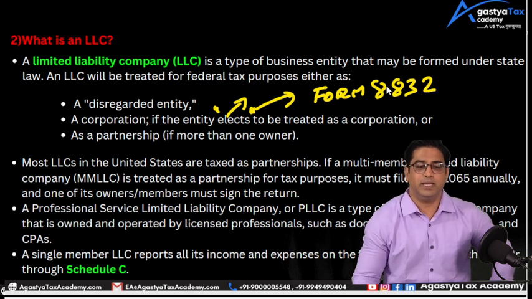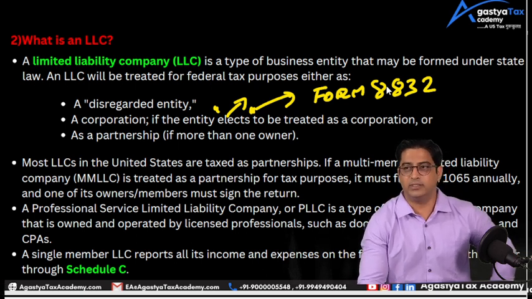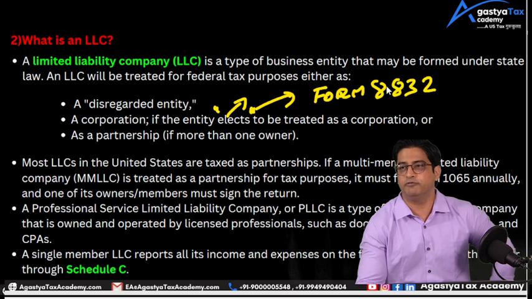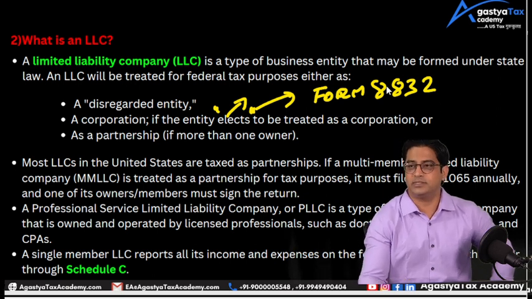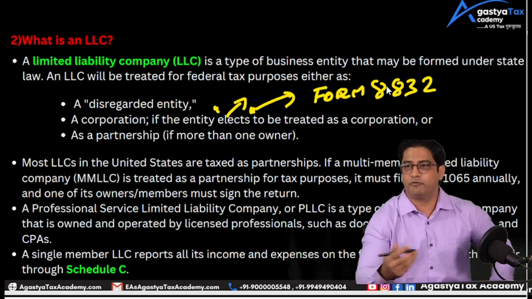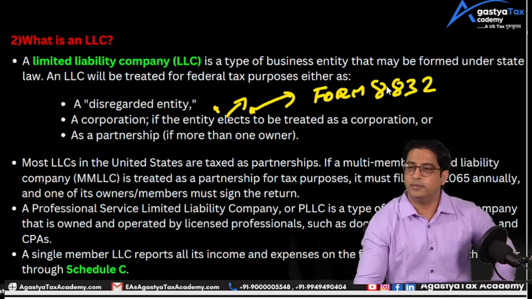So what we're saying is, if you are forming an LLC, it can be treated as a disregarded entity, or it can be treated as a corporation, or it can be treated as a partnership also. Let's suppose you have started an LLC and you're doing very well, getting a lot of income. One of your friends has seen it and asks what business you're doing.